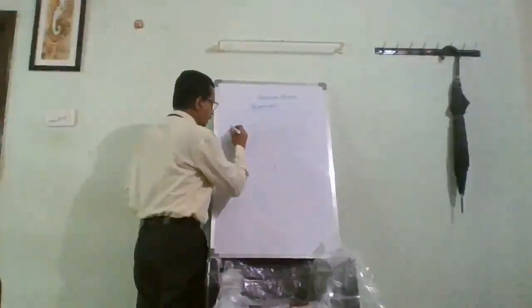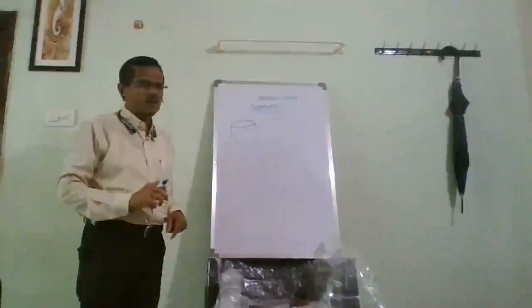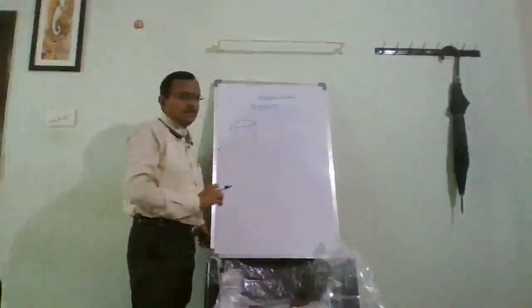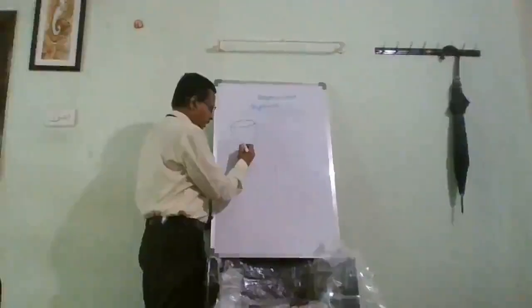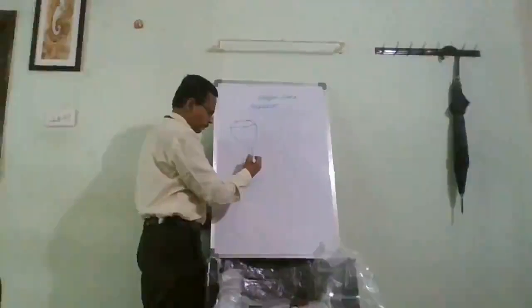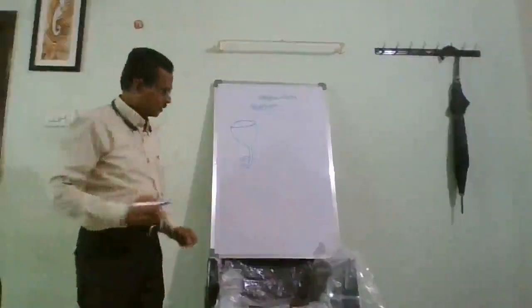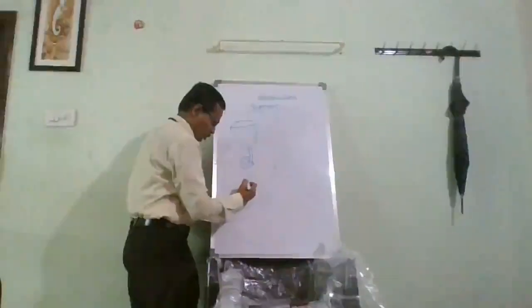This Bowman's cup is broader on its anterior end and pointed towards the posterior end. It forms a tubular structure towards the bottom, and this tubular structure is seen with coils, maybe one or two.